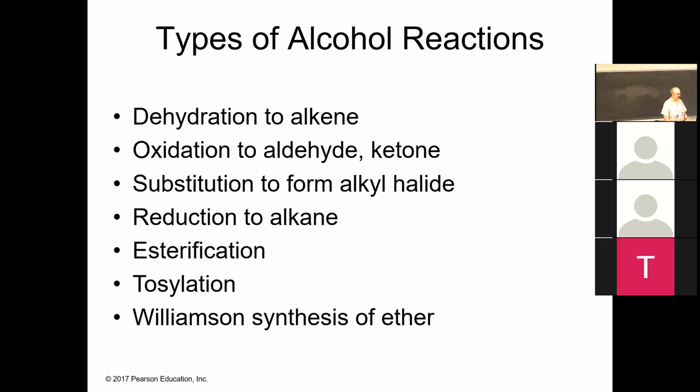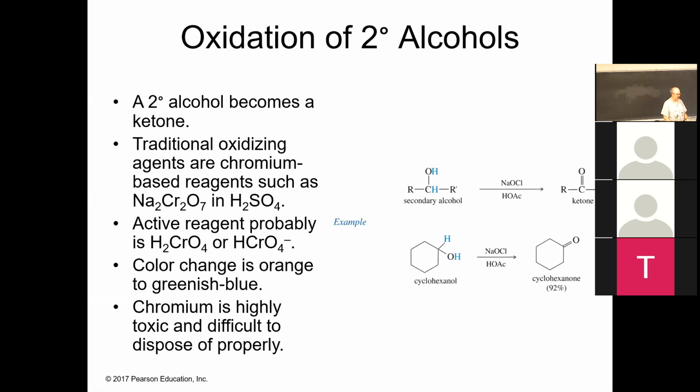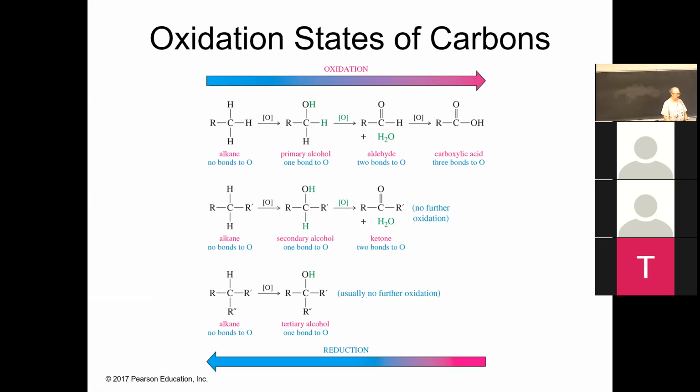We looked at dehydration when we talked about E1 eliminations. Last time I introduced oxidation. Primary alcohols are oxidized either to aldehydes or carboxylic acids. Secondary alcohols are oxidized to ketones, and tertiary alcohols are not easily oxidized.